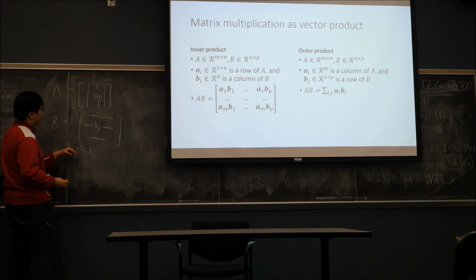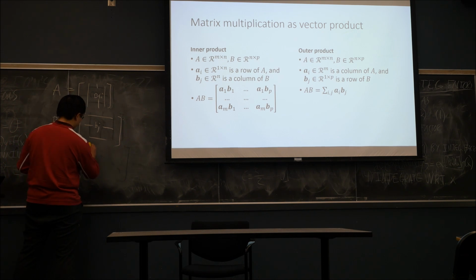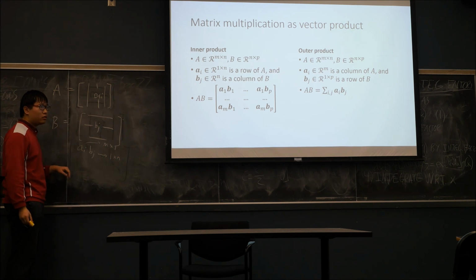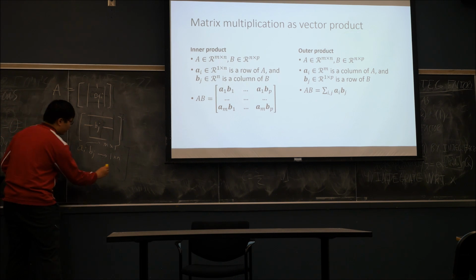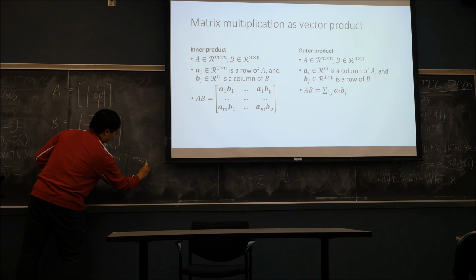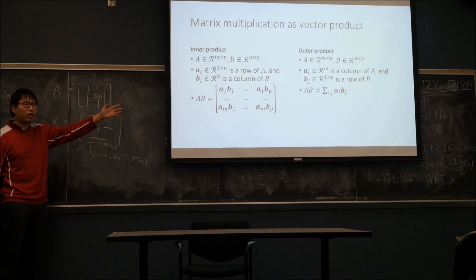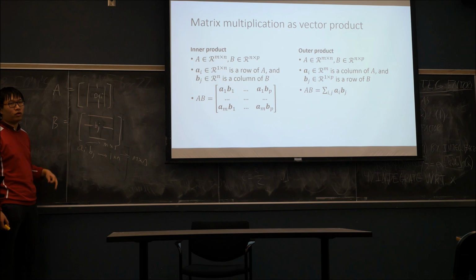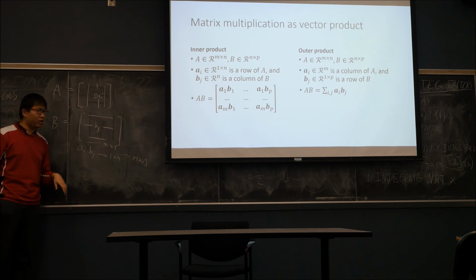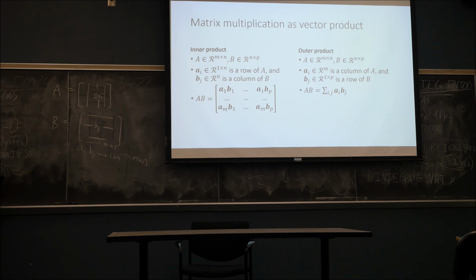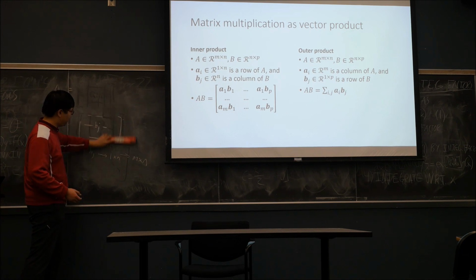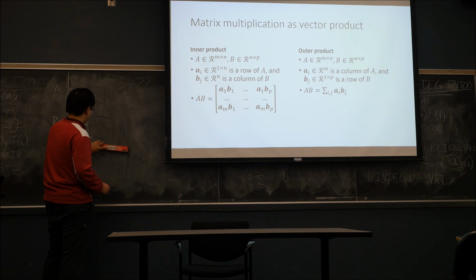The dimension of the column of A is n times 1, and the row of B is 1 times n, so the outcome is going to be n times n. The entire A times B is the sum of all these pairs. For all the i's and j's, you just pair them up. Hopefully everyone understands that. I'm going to move forward. If you have any questions, just stop me.